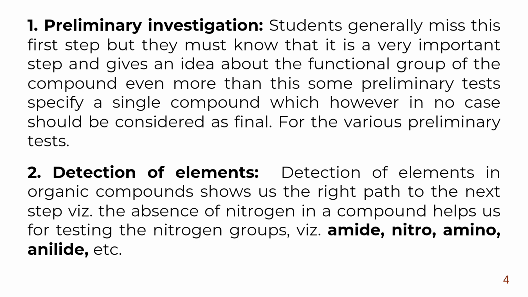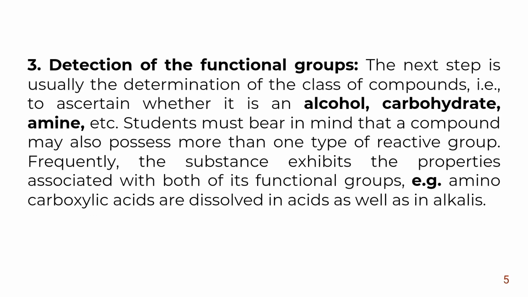2. Detection of elements. Detection of elements in organic compounds shows us the right path to the next step, viz., the absence of nitrogen in a compound helps us for testing the nitrogen groups, viz., amide, nitro, amino, anilide, etc. 3. Detection of the functional groups.